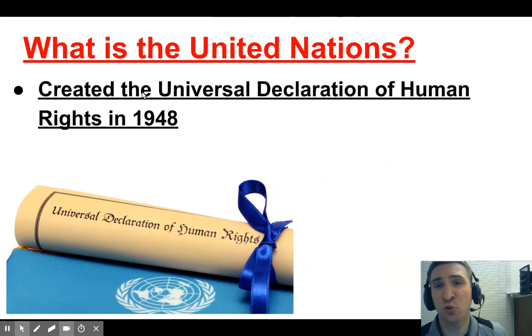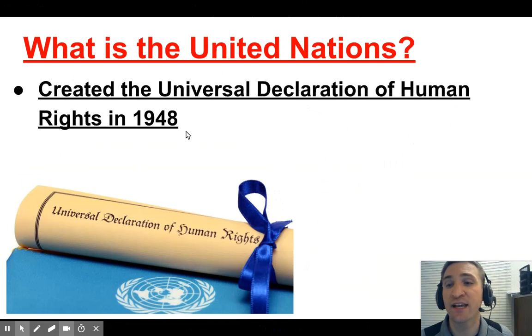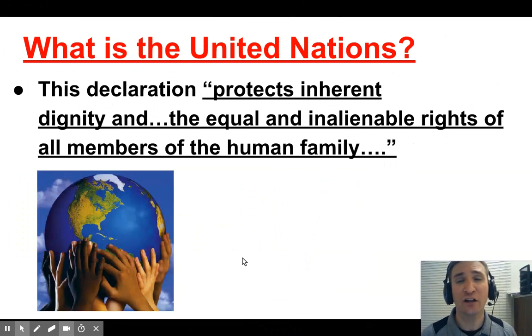The United Nations also created the Universal Declaration of Human Rights in 1948. It was a document a lot like the Declaration of Independence, but it was for all human beings everywhere. This declaration, quote, protects inherent dignity and the equal and inalienable rights of all members of the human family.